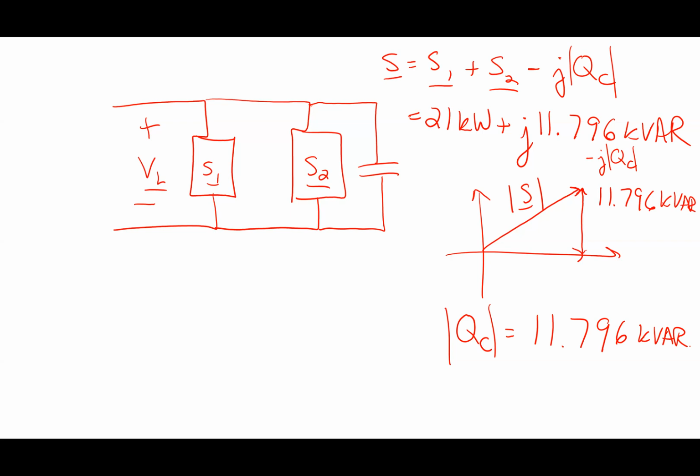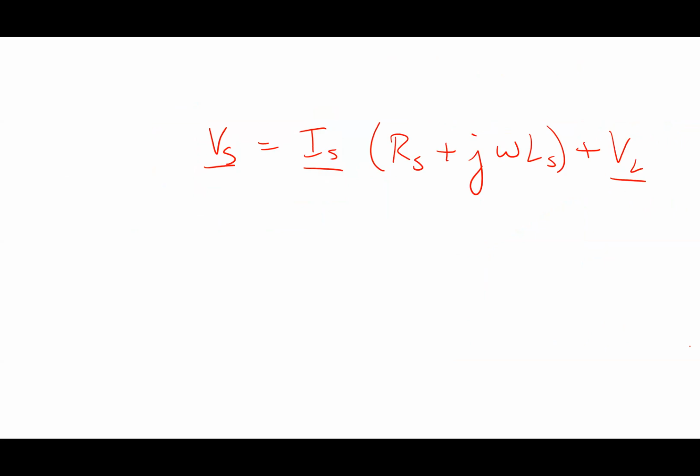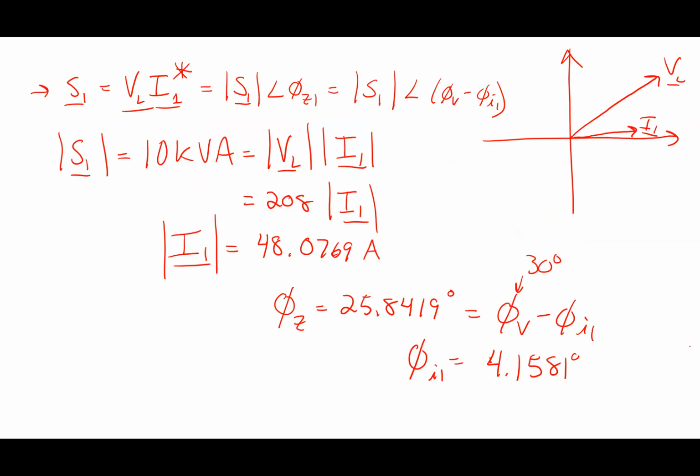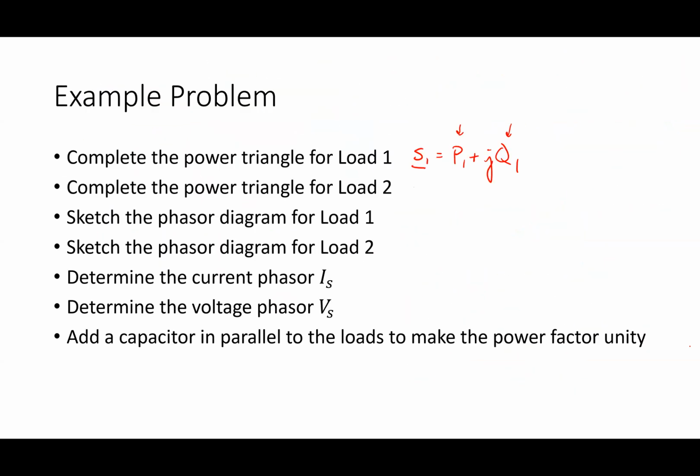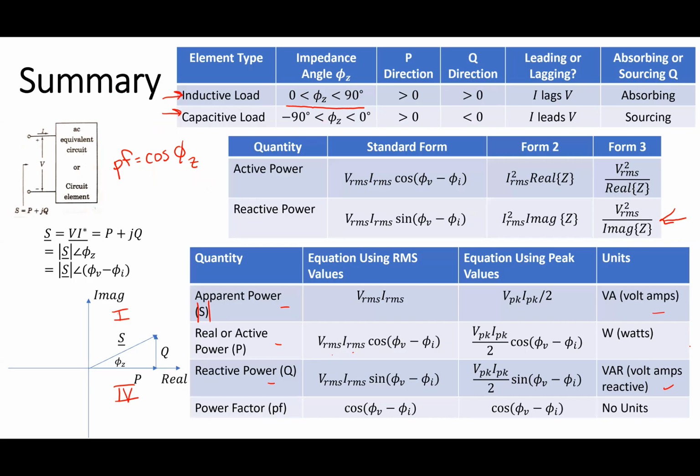But basically, once I know that I need to supply that much Q, how do I figure out how big a capacitor I need to do it? I know the voltage. So I go back to my tables in the notes, and I have these quantities here: active power and reactive power.